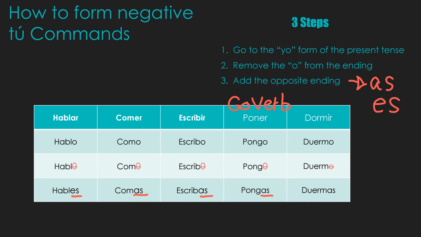And then dormir. Dormir is a stem changer, right? I'm just going to put stem here, all right, to remind you that it's a stem changer. It is an O-to-UE stem changer in the present tense, right? And so you go to the yo form, duermo, you drop that O, and then you add the opposite ending, so it becomes duermas, all right, duermas.